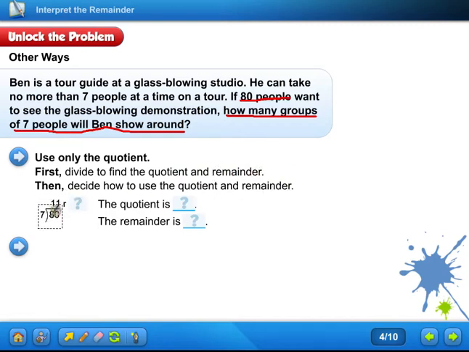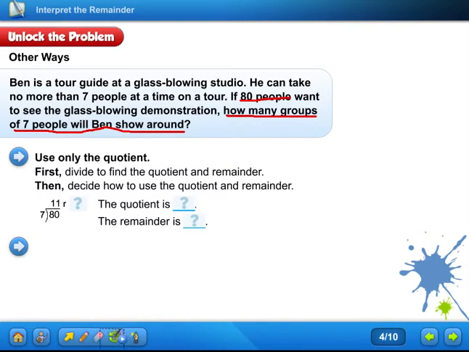So 7 is how many people can go at one time. 80 is how many people want to go on the tour in all. 11 is how many groups he will have of that 7.